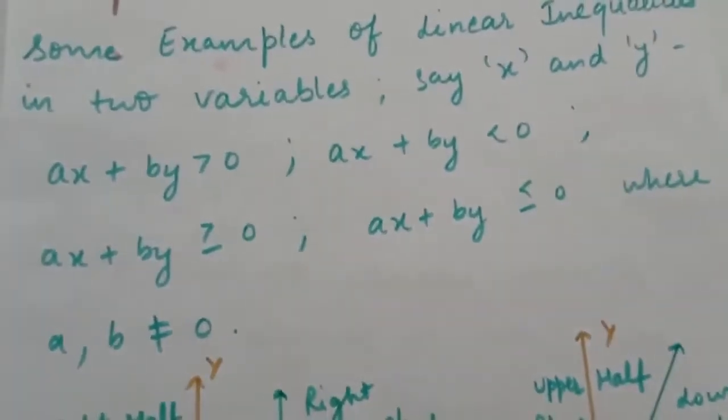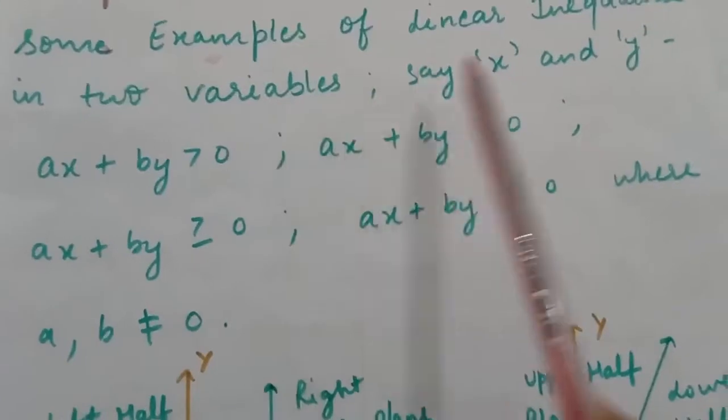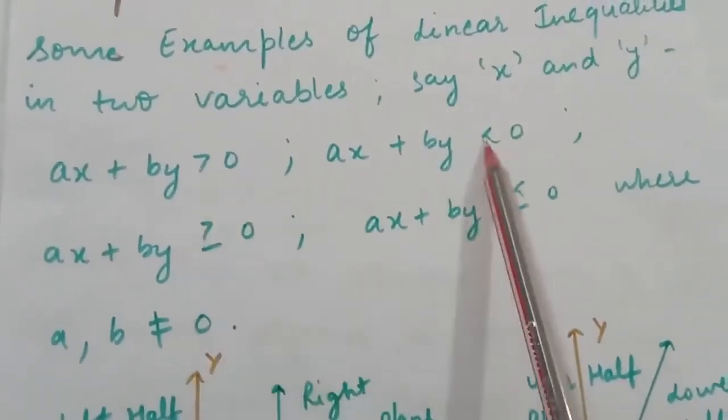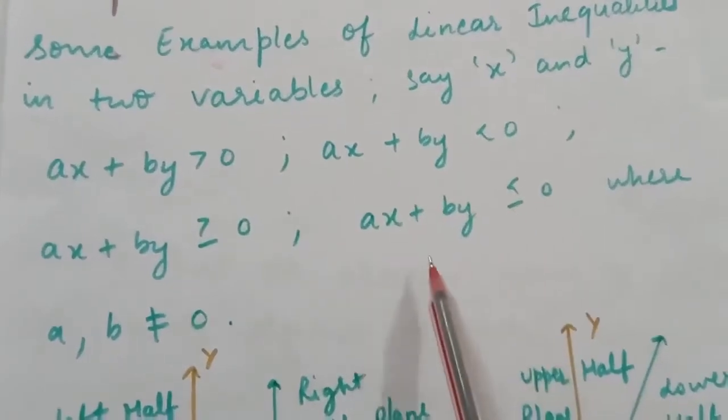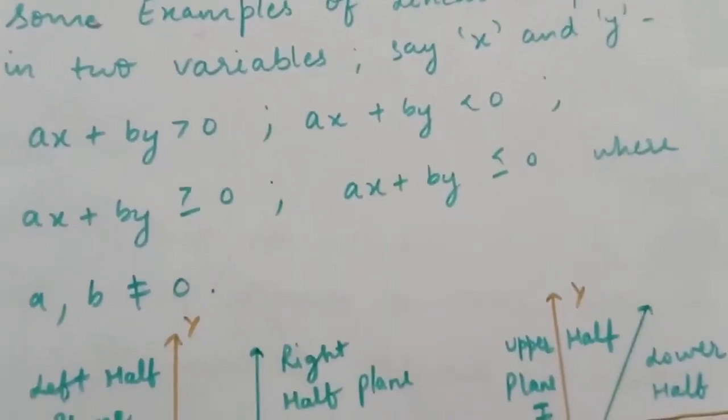As we know, inequality is that in which these four types of symbols are there, right? So these are some types of linear inequalities.